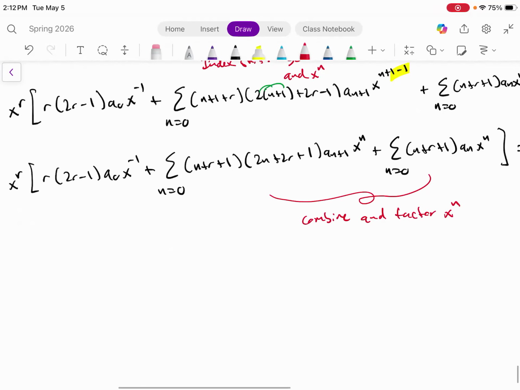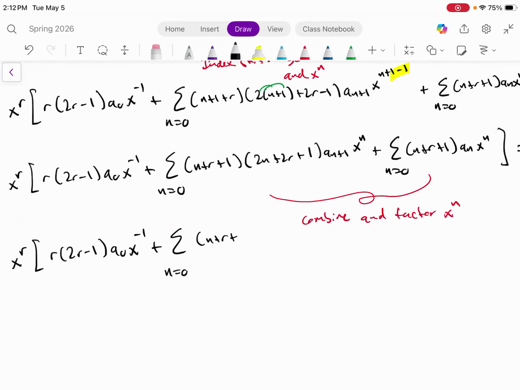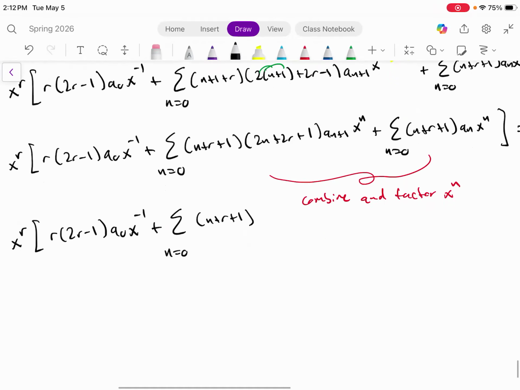So what this looks like is x to the r times (2r minus 1) a naught x to the negative 1, plus one power series now, n equals 0, of (n plus r plus 1)(2n plus 2r plus 1) a sub n plus 1, plus (n plus r plus 1) times a sub n, and I'm factoring out an x to the n.